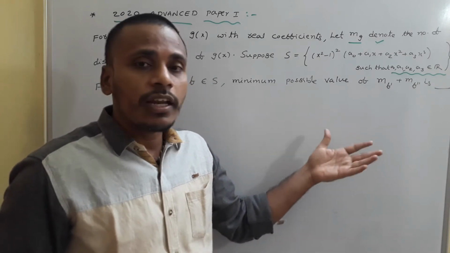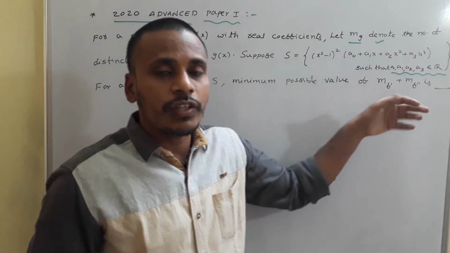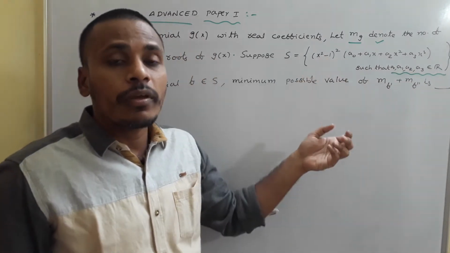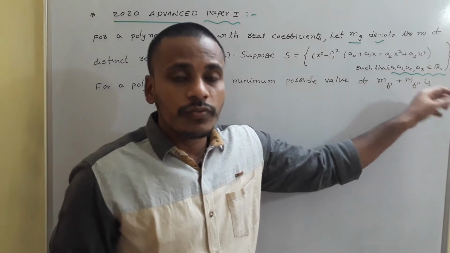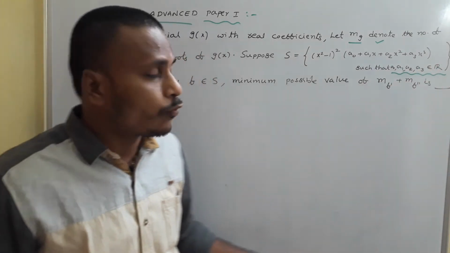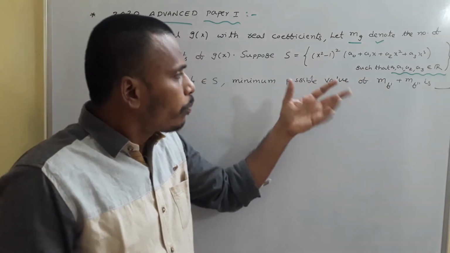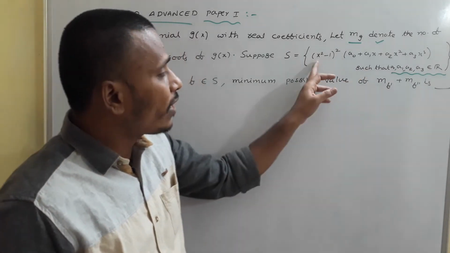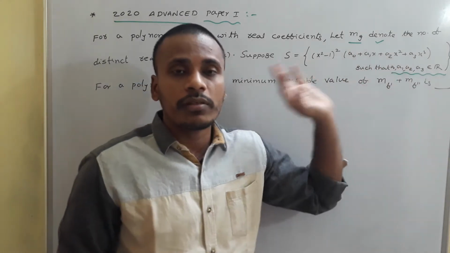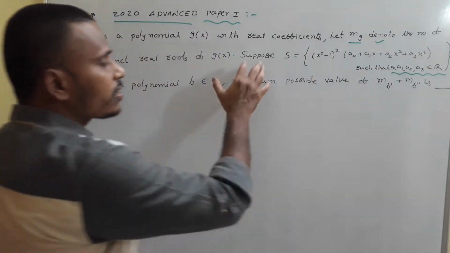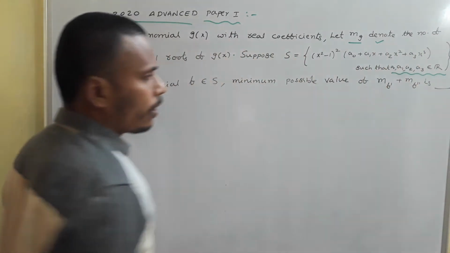For different real values, if you replace a0, a1, a2, a3 with those reals, you will get a polynomial. Since these numbers belong to reals, we have many possibilities for these four numbers, and so this has many polynomials of this format. So s is this set of infinite number of polynomials of this format.